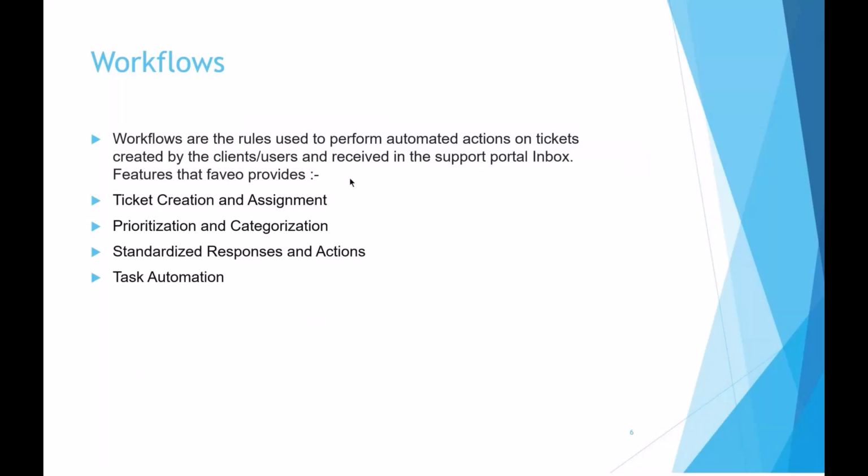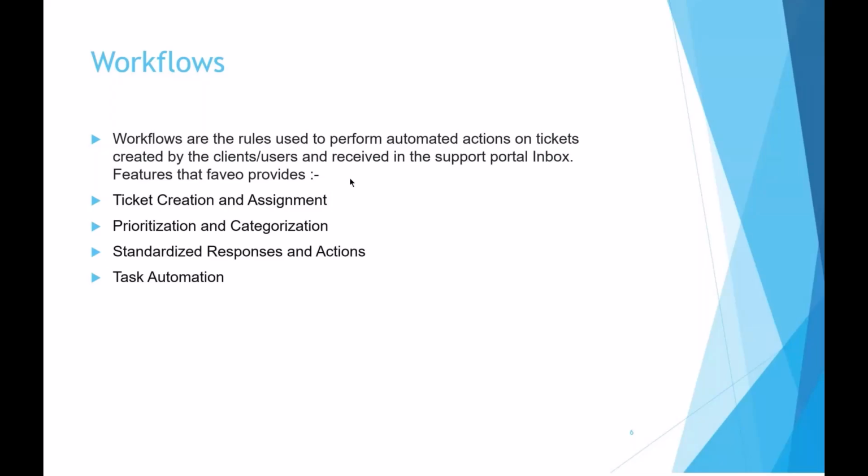All we need to do is create a workflow with some predefined conditions, like suppose a help topic is related to some address or some other query, or the subject is related to a keyword called emergency.